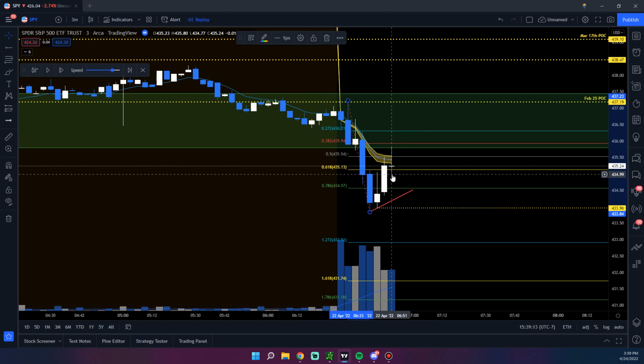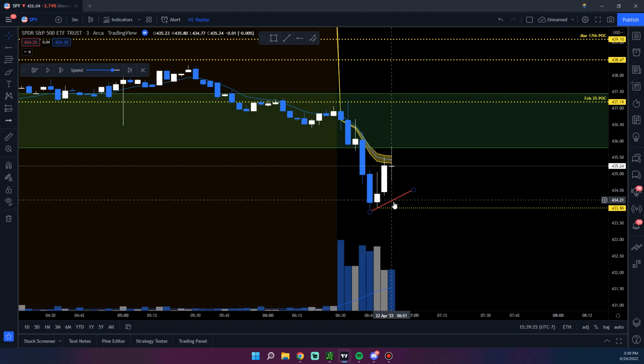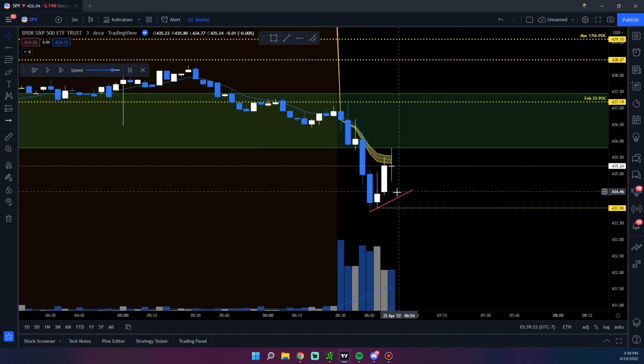However, I will still play the break of these because a lot of times they'll still make the same move as a bear flag. And I know in this case it does. So if I have another candle touch this trend line and then bounce back up, that new touch will become my safe entry.